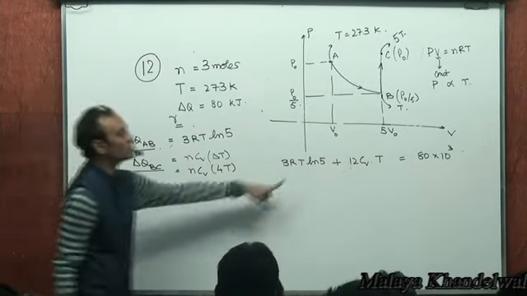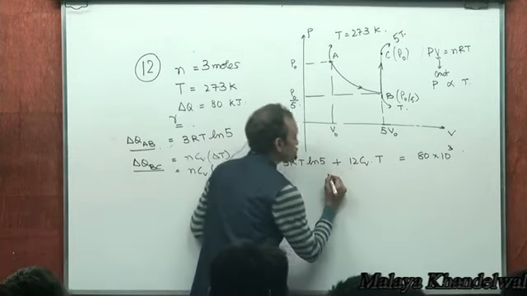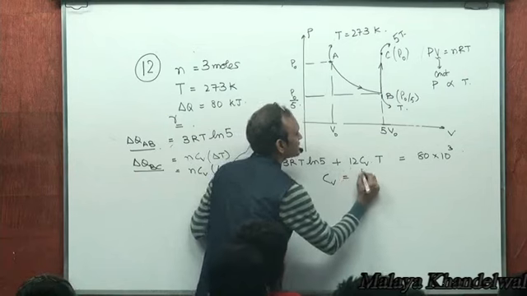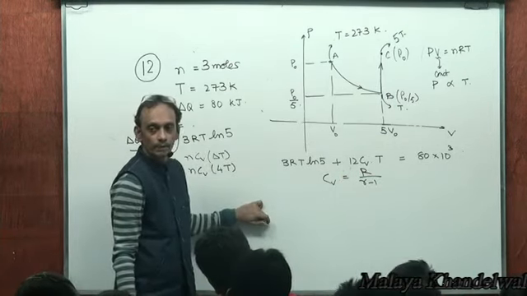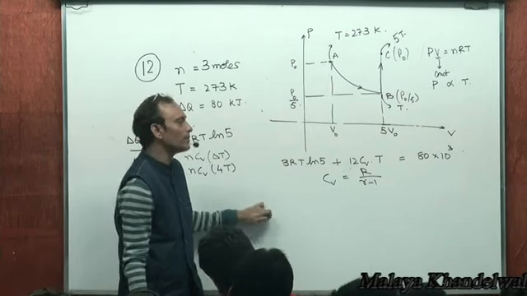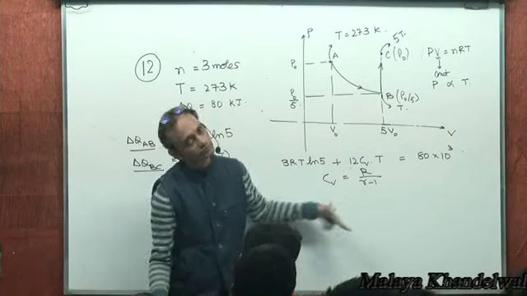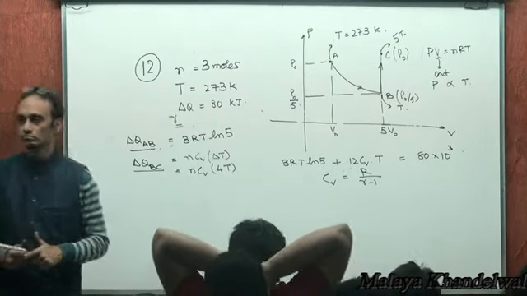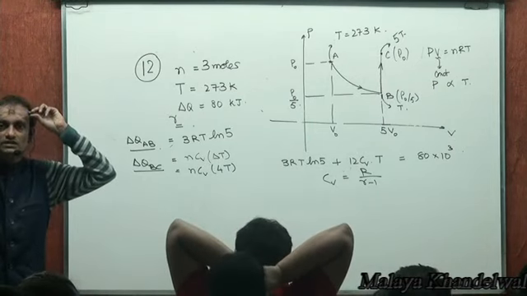T is known to us, 273. So I can solve for Cv from this equation. Once I solve for Cv, I can write Cv as R by gamma minus 1 and solve for gamma. That is what you need to do. Is that okay? So just some calculations involved. Simple otherwise. Clear?